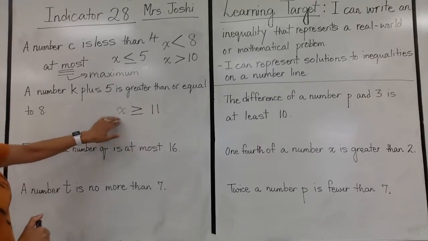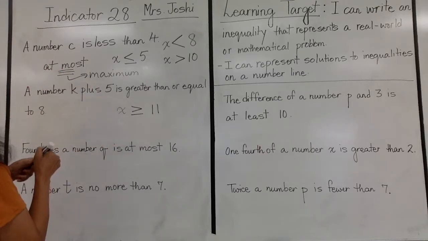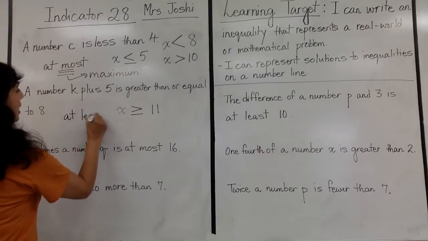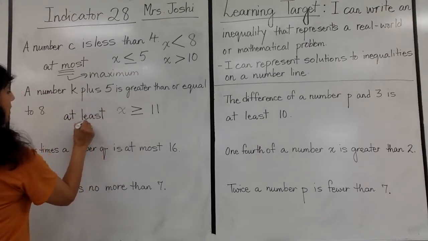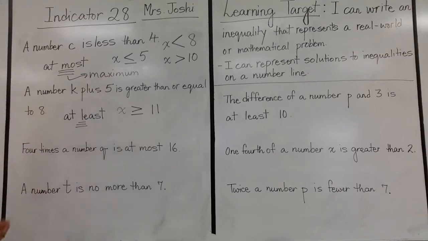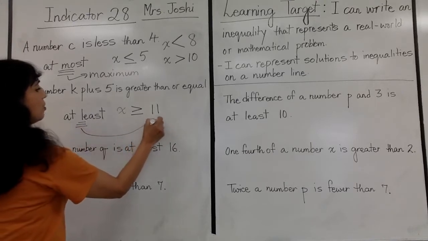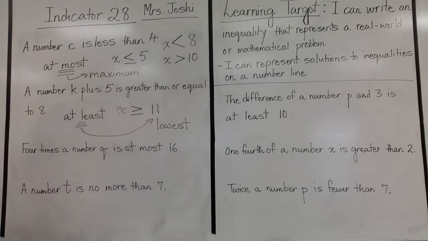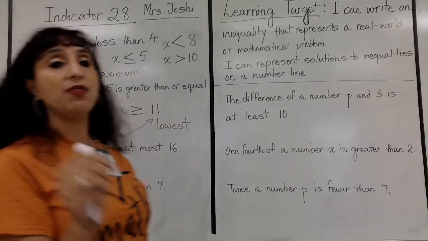Here, if the other one was at most, this means it will be at least 11. When I'm saying least, you want to triple underline the L so that you know this is going to be the lowest amount, and then anything higher than that, but it is definitely included.